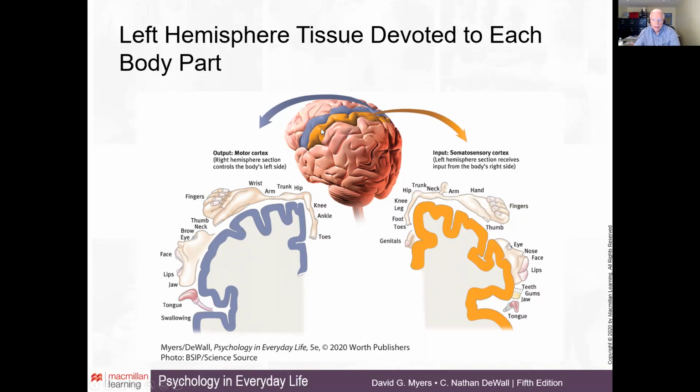And then at the very front of the parietal lobe is what's called the somatosensory cortex. And again, our body is laid out on this area proportional to how important these different parts of our brain are for innervating parts of our body that are very sensitive to touch.